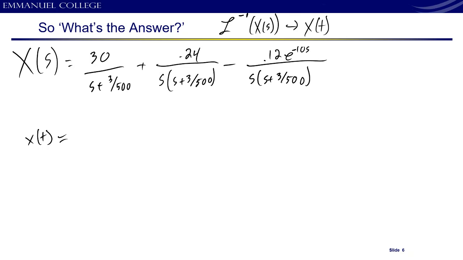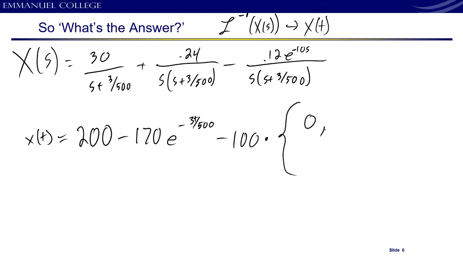with absolutely no differential equations formulas applied, 200 minus 170 e to the negative 3t over 500 minus 100 multiplied by 0 when t is less than or equal to 10, or 1 minus e to the negative 3 times t minus 10, all divided by 500.